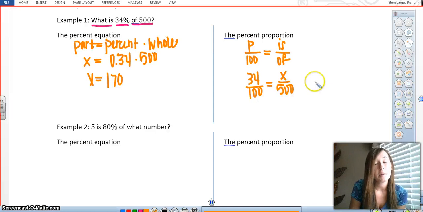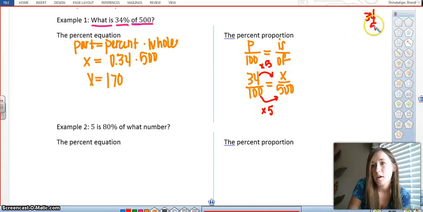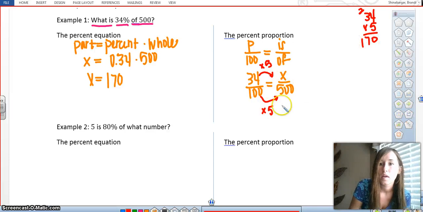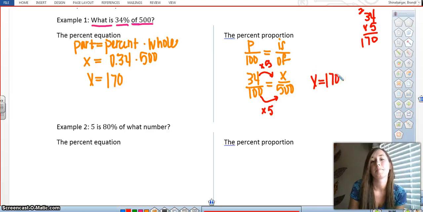Now there's different ways you can solve proportions. You could cross multiply, x times 100, 34 times 500, or I think in this case, you can just notice here that it's times 5. So 34 times 5, 170. And we get the same answer, just using a different method.